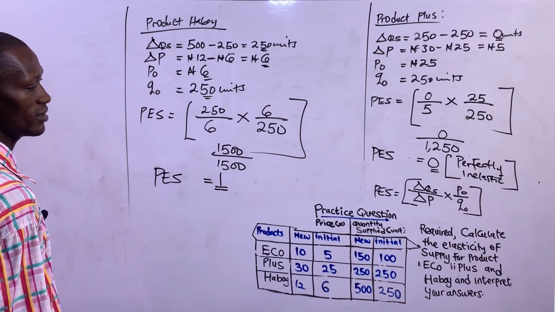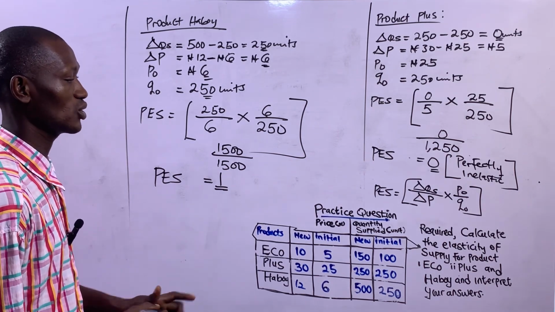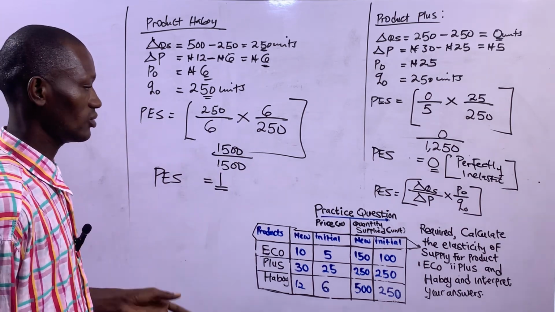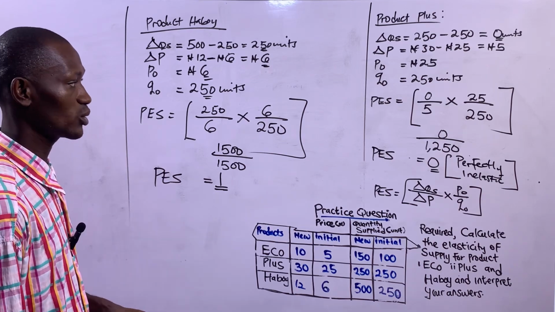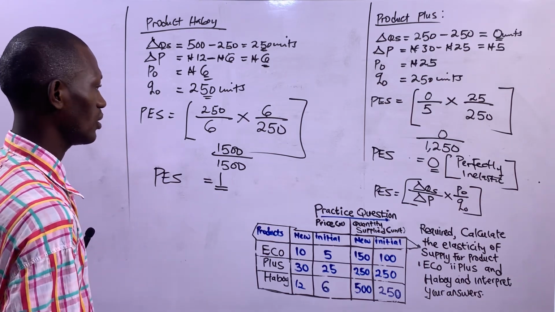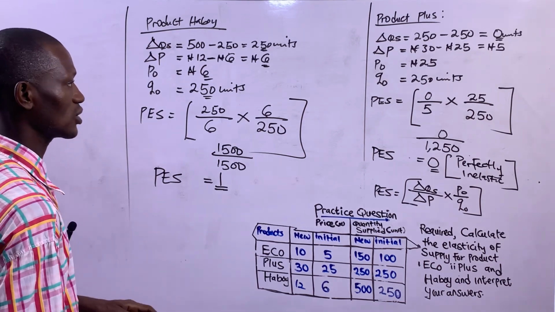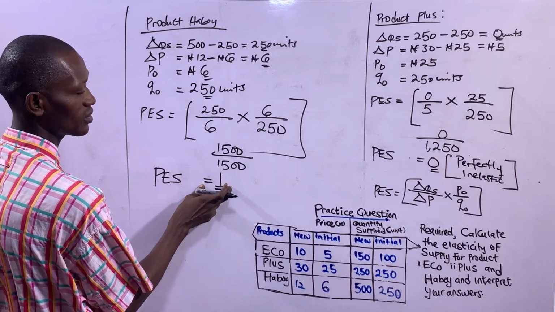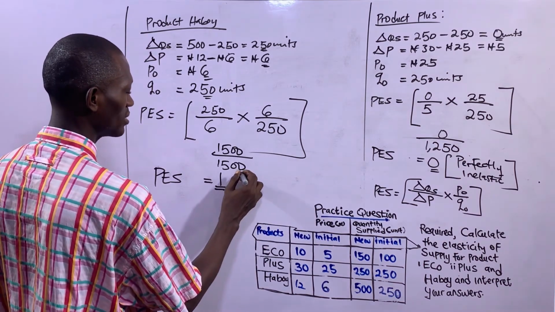So this is very simple to understand. Should you have any question relating to this that we've solved, I think you all should be able to solve it accurately and correctly without having any fear solving such a question. So we've gotten the price elasticity of supply coefficient, but we haven't interpreted it. So let's interpret it now.